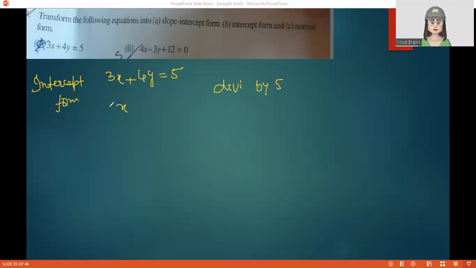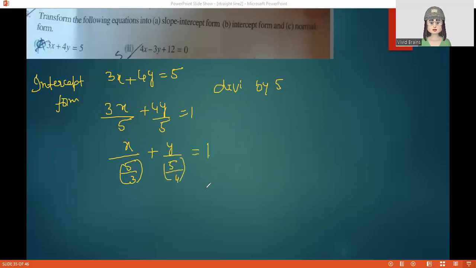So 3x by 5 plus 4y by 5 is equal to 1. Can I write this as x by 5 by 3 plus y by 5 upon 4, which is equal to 1? This is the intercept form of a line.